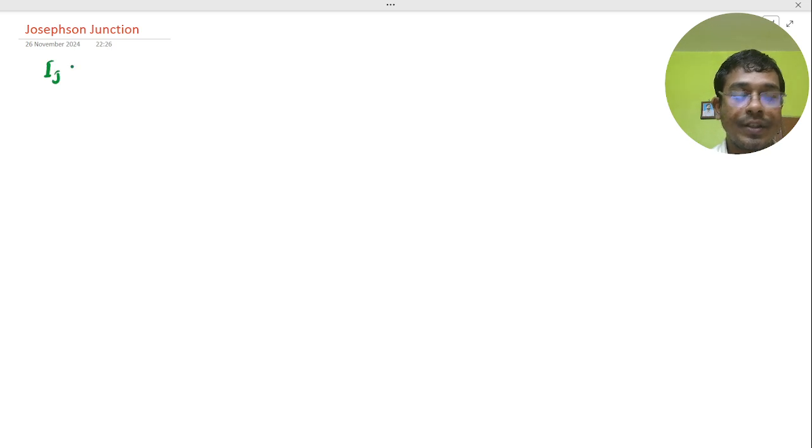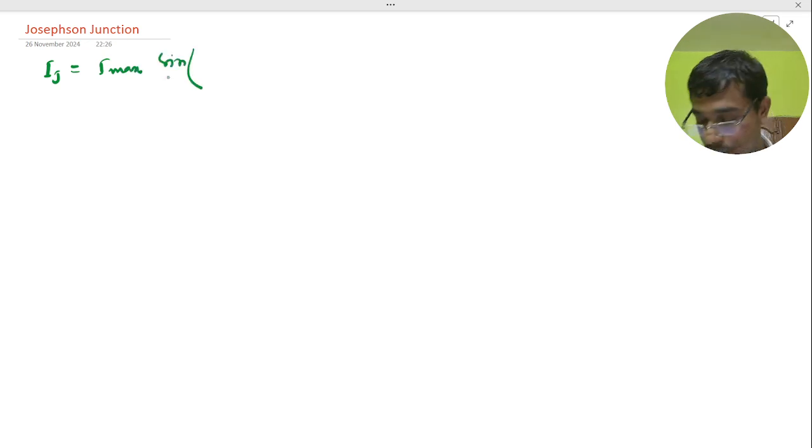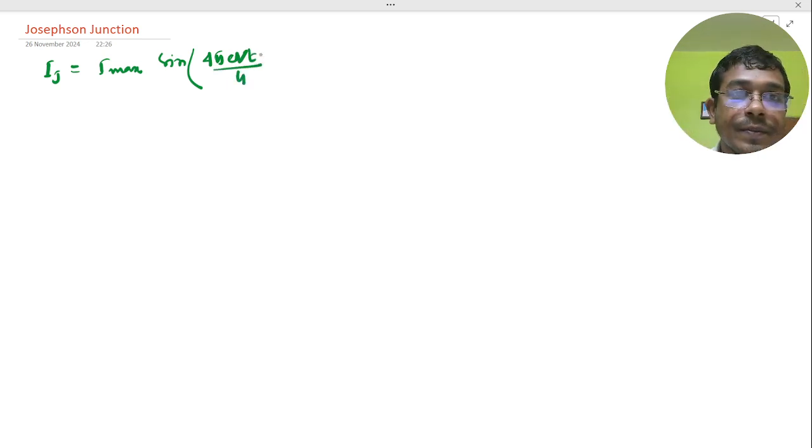Ij is equal to I max sine 4 pi e V t by h, where Ij is the Josephson current and I max is the maximum Josephson current, and this should be the AC current produced.